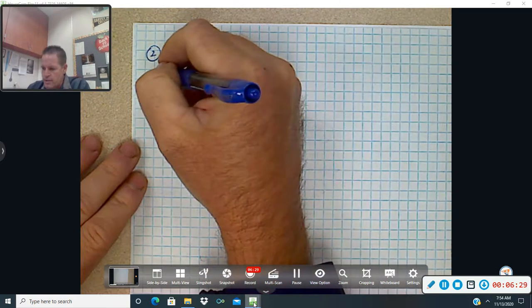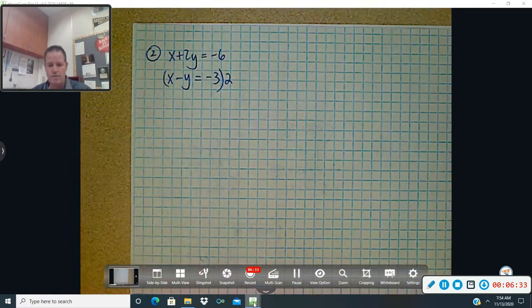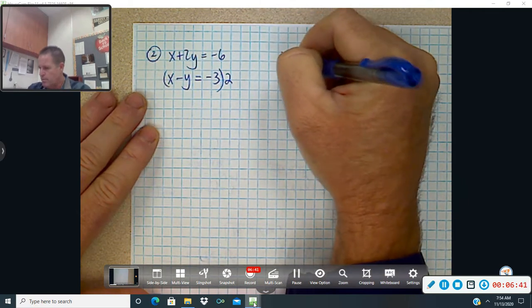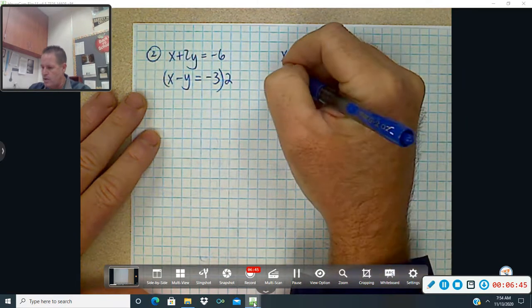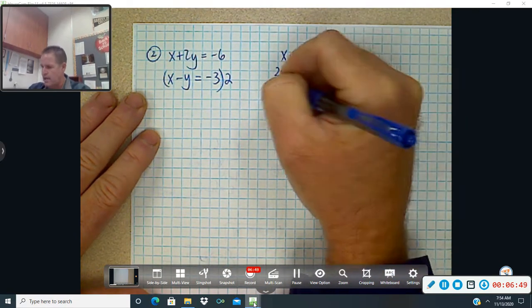So what I'm going to do is I'm going to multiply my bottom equation by 2. So my top equation is still going to be x plus 2y equals negative 6. But my new bottom equation is going to be 2x minus 2y equals negative 6.